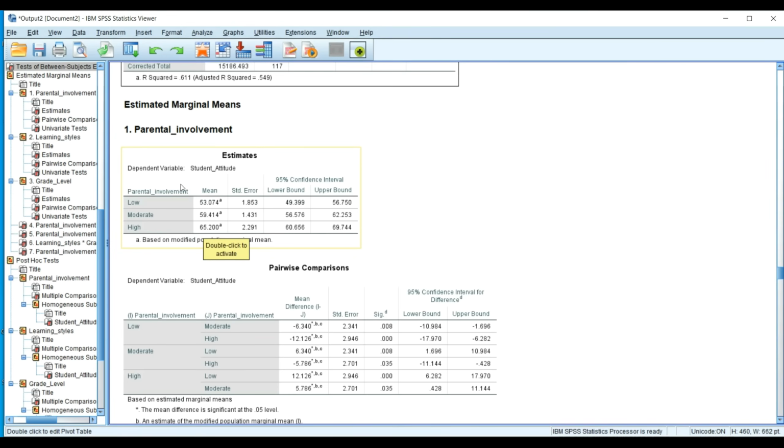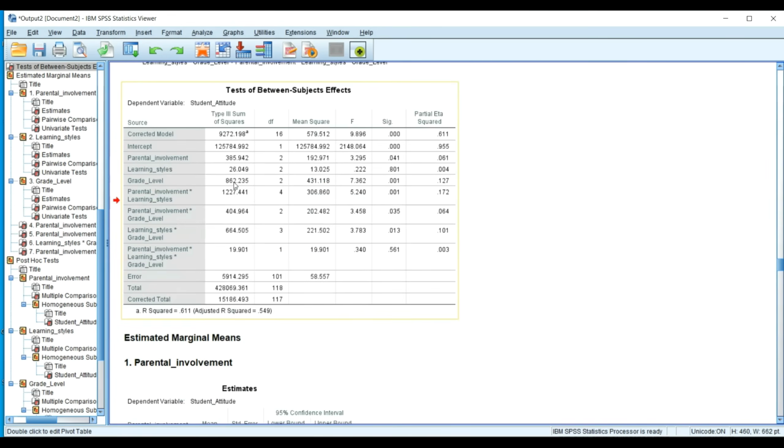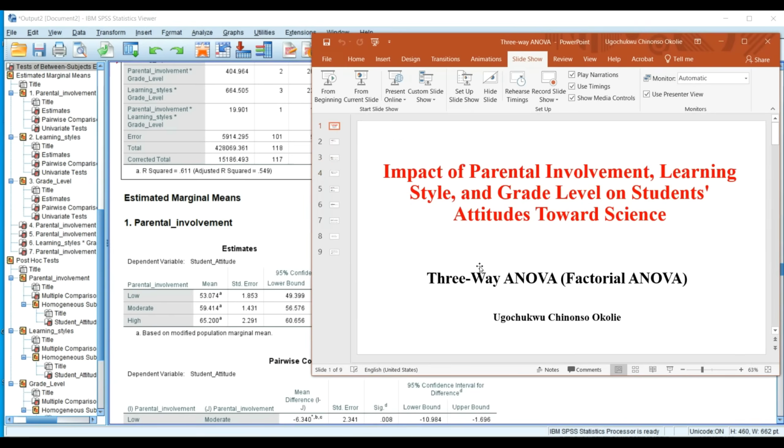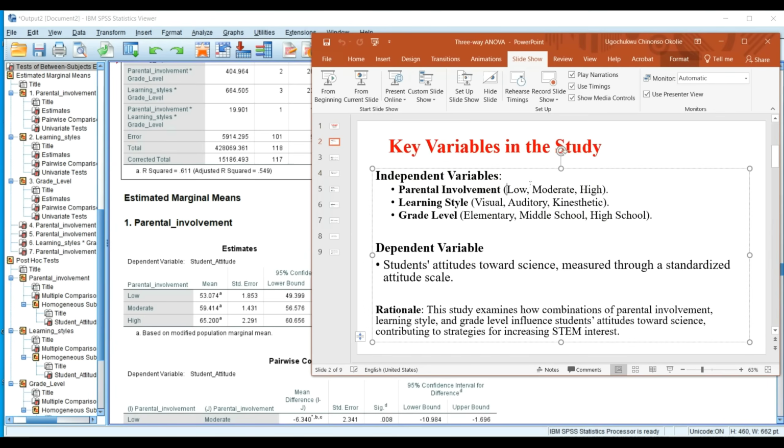While this is statistically significant, we do not know which of them contributes higher, because we have 3 levels: low, moderate, and high.